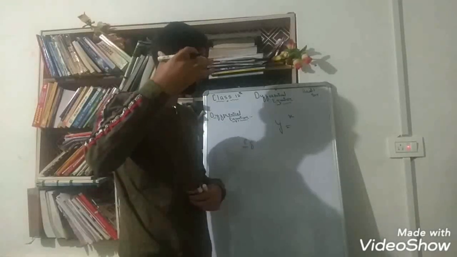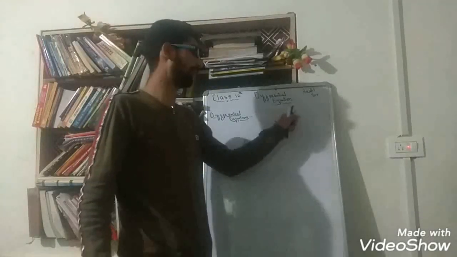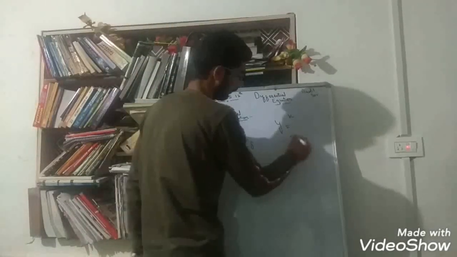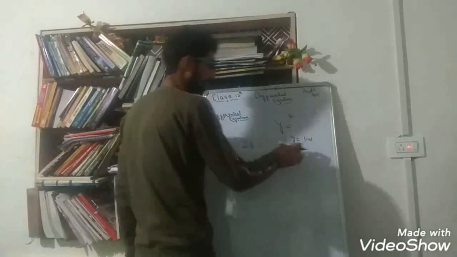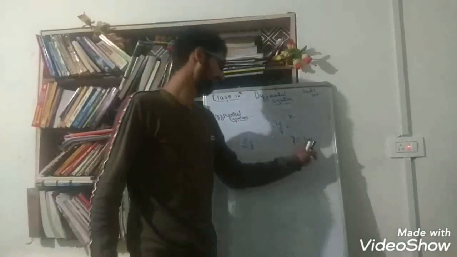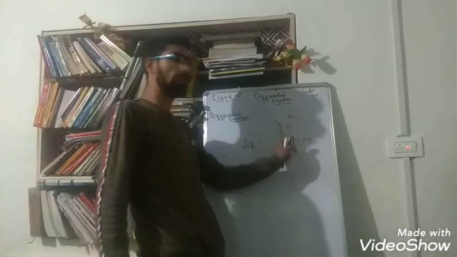The dependent variable is that variable whose value is determined by the value of the independent variable. So if we have y equals f of x, for example, when we give the values of x, it will determine the value of y.